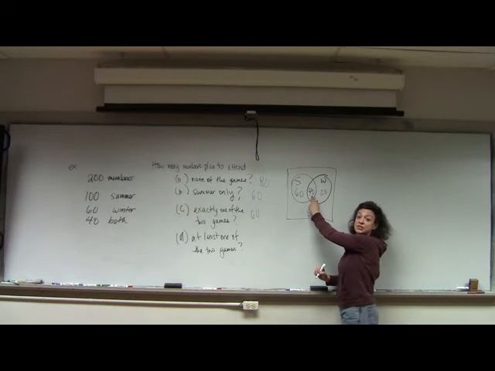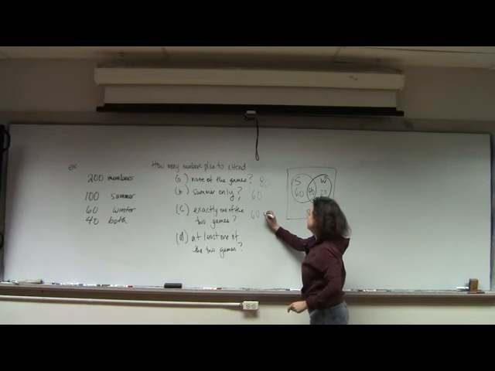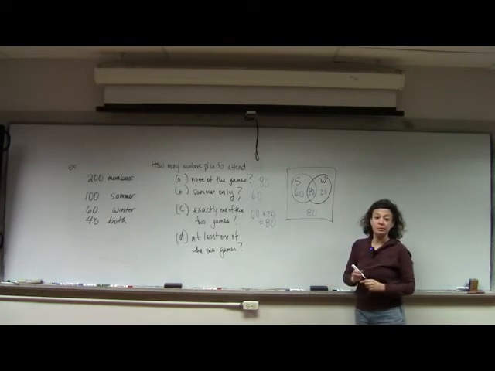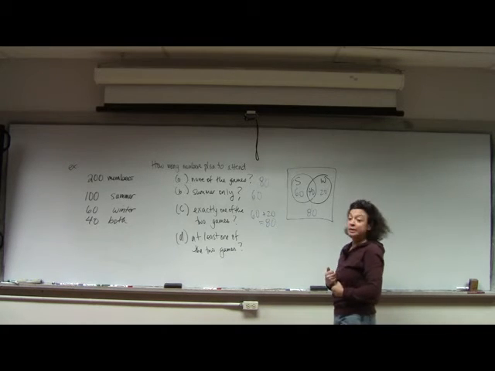This number we're not interested in because they're going to two games. This number we're not interested in because they're going to none. But these guys are also going to exactly one of the two games. So we'd add that 20, and so we would say that 80 people are going to exactly one of the two games.